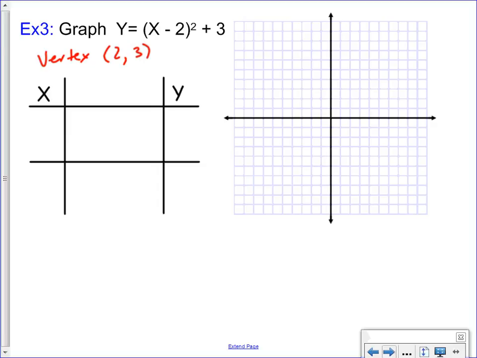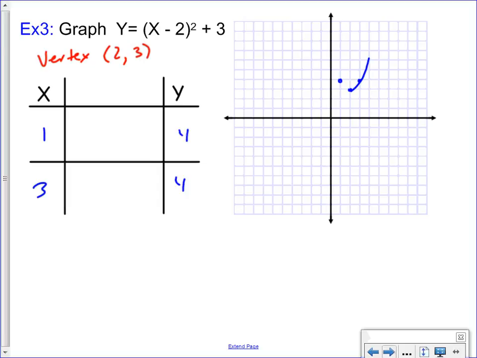There you go. You got 2 points. It is 1, 4, and 3, 4. Here we go. 1, 4, 3, 4. Graph it: 2, 3, 1, 4, 3, 4.